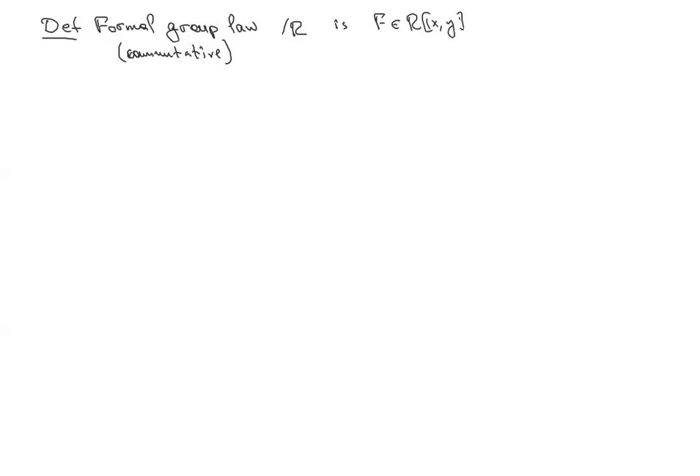We have a formal group law, which is commutative, over R. This is just a formal power series F in R of X and Y with the conditions I've already written down: symmetric, F of X and 0 is X, and it should be associative.